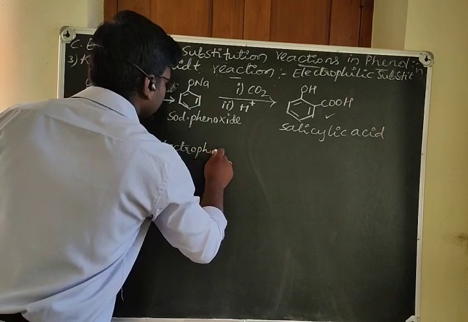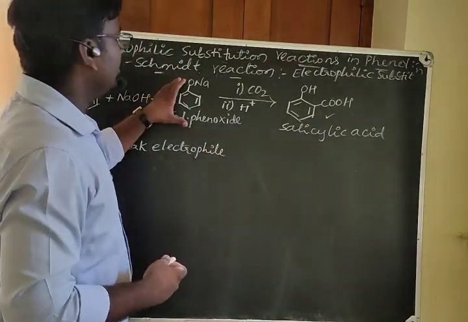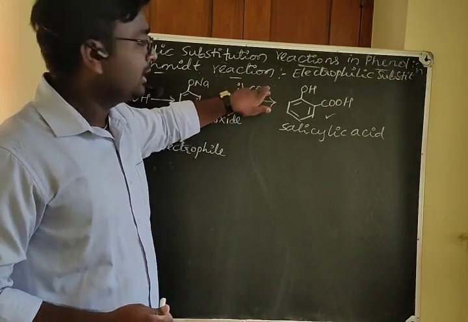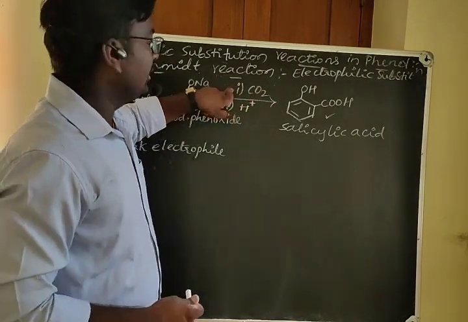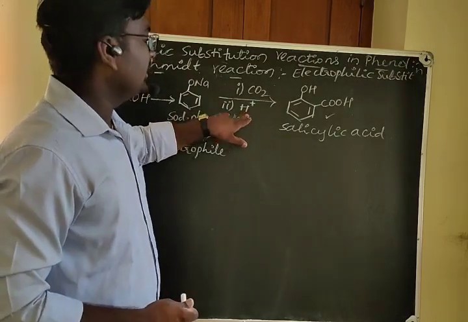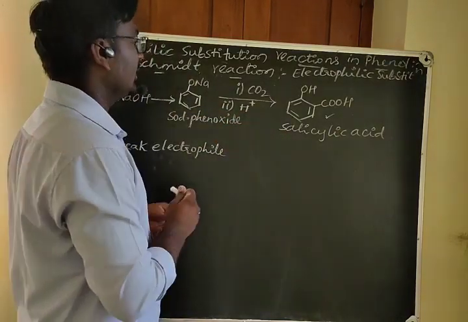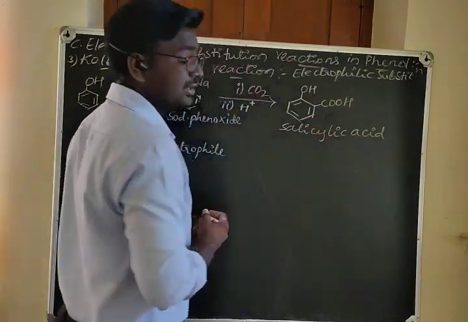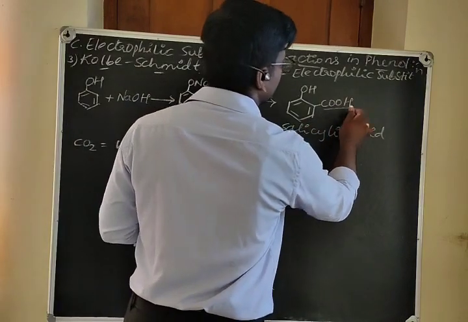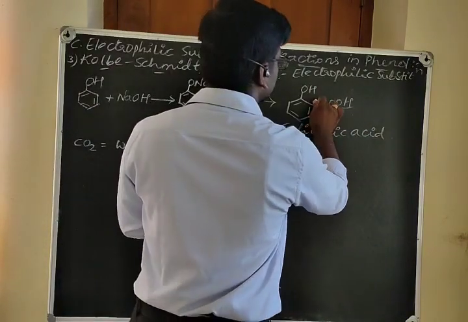Firstly, we have to treat the sodium phenoxide with carbon dioxide in one step, here I have written one, and later we have to acidify that compound. Then you will get salicylic acid. And what is its IUPAC name? Here we have to identify the major functional group. The major functional group is COOH and its position is 1.